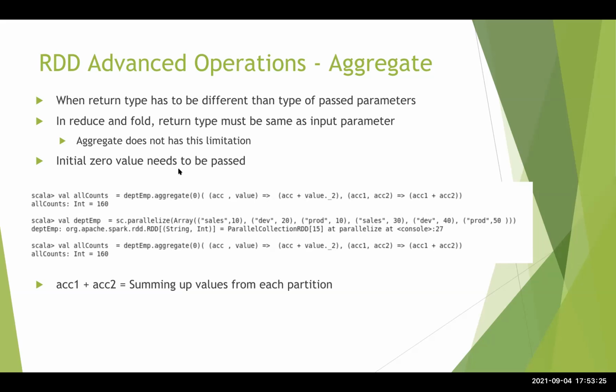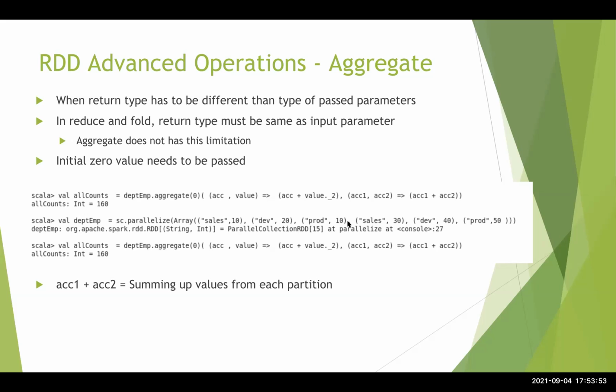So here also you pass the initial value. I will show an example. I'm parallelizing this sales, day, same data. Now I'm doing aggregate, passing the initial value. One thing you should remember about aggregate is that for performance reasons, there might be many records belonging to the same key, let's say sales 10 here and sales 10 here, both in the same partition on the same node.